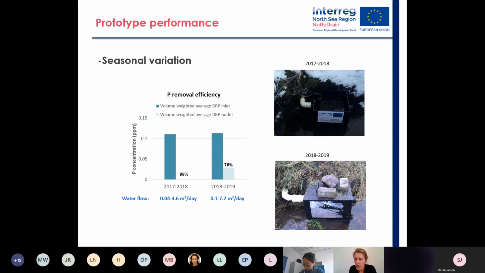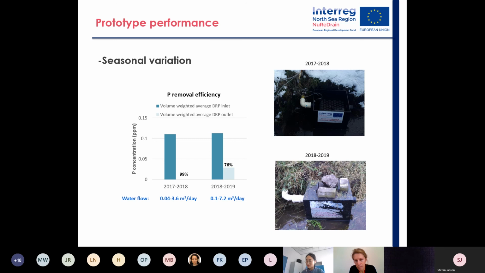Then Leonard also has a question. These filters are placed in the ditch, and we know that the water level in the ditch can vary throughout the season. So can it be that the bucket is completely drowned, so that it's under the water level? Yes, it was difficult to select the right pipe to test the filter.